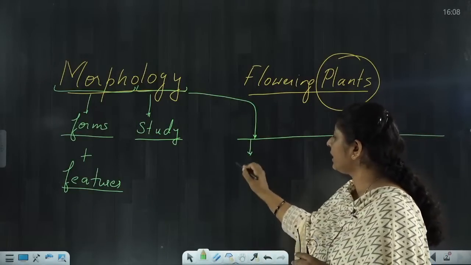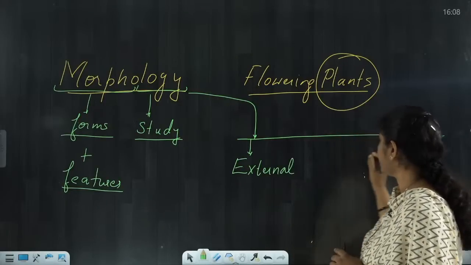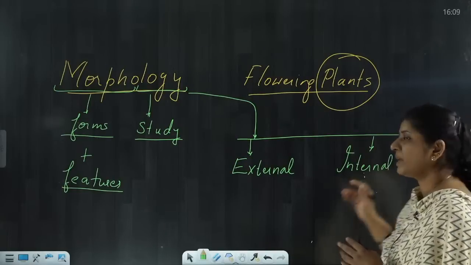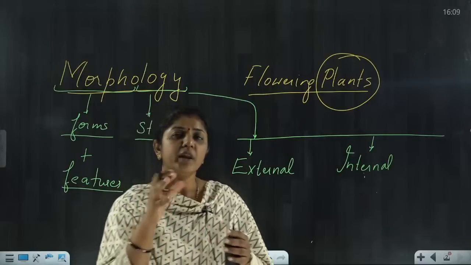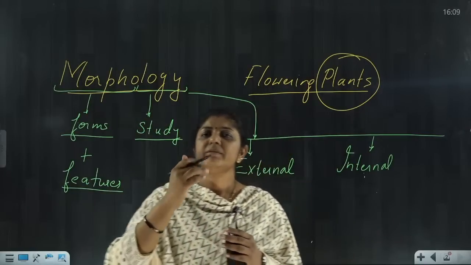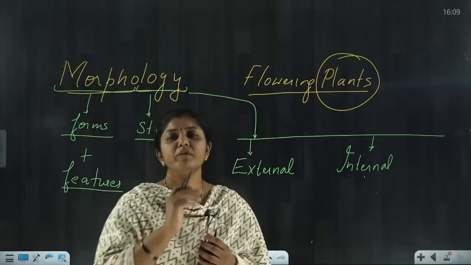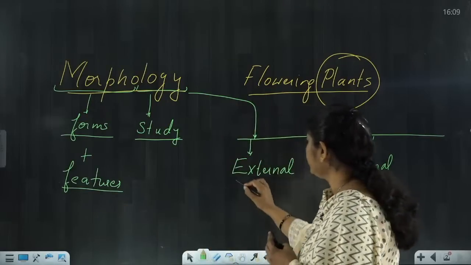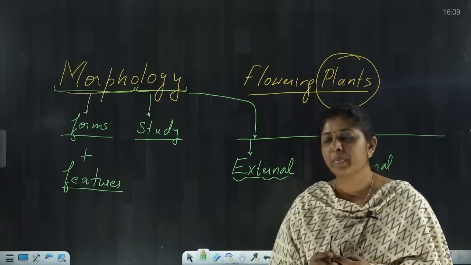It can be external morphology or internal morphology. External means just by looking outside, whether it is a herb, shrub, or tree, what type of leaves, root system and stem they have. That you call external morphology, as the word indicates.